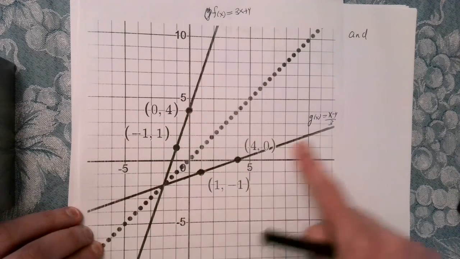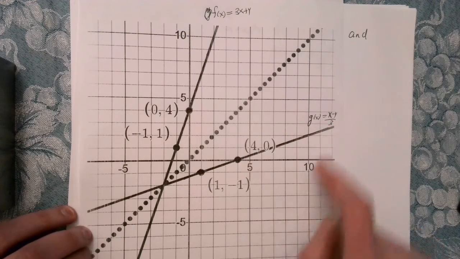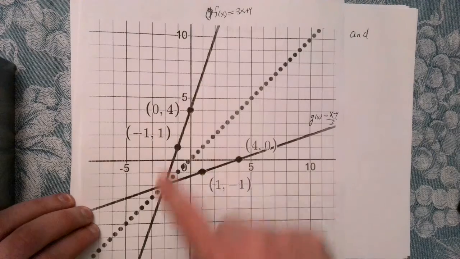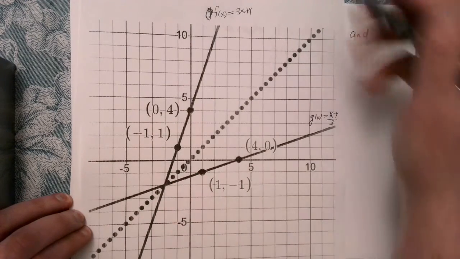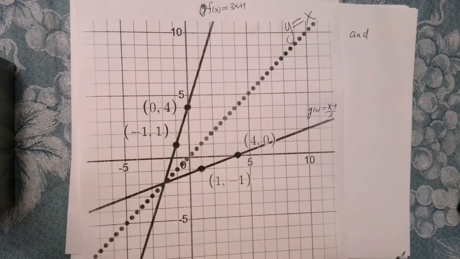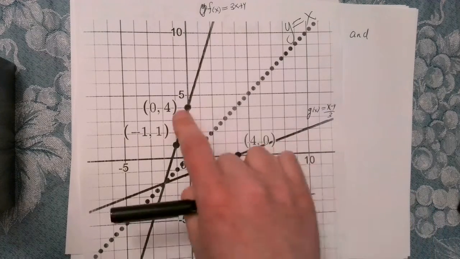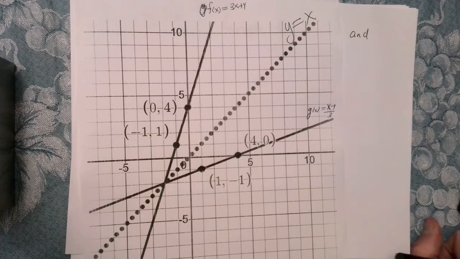This right here is the graph of g of x, which is equal to (x minus 4) over 3. Notice that these two lines are reflections through the line y equals x. So here is y equals x. And because these two graphs are reflections through y equals x, they're inverses of each other.